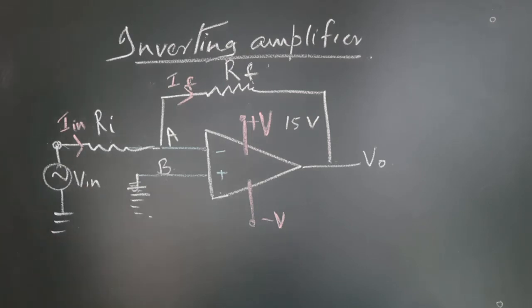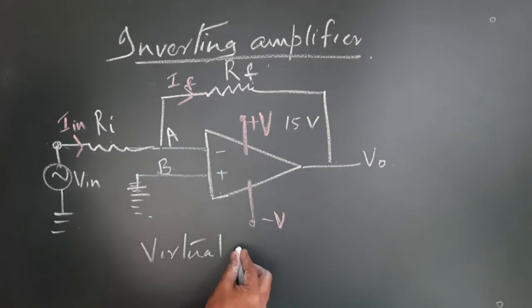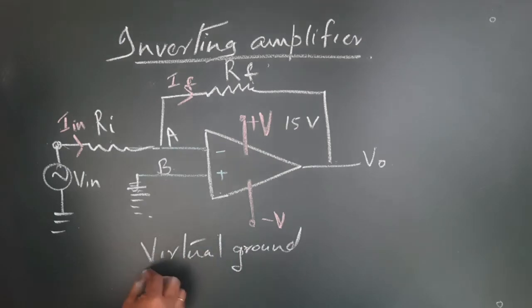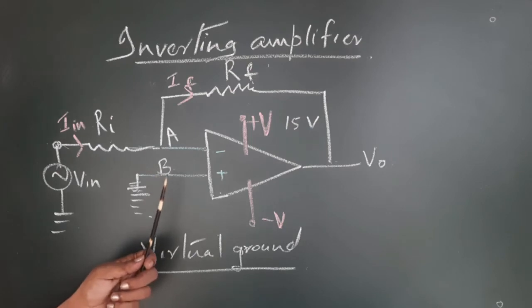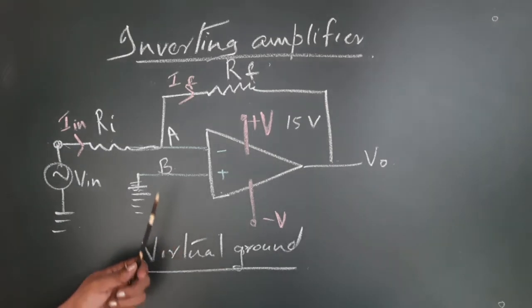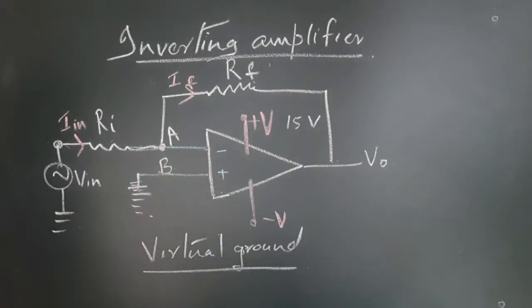One interesting concept that you should understand to follow the working of the op-amp is a new word called virtual ground. This is a very interesting concept and it is a must for understanding the operations of the op-amp. This point A is in fact known as virtual ground.